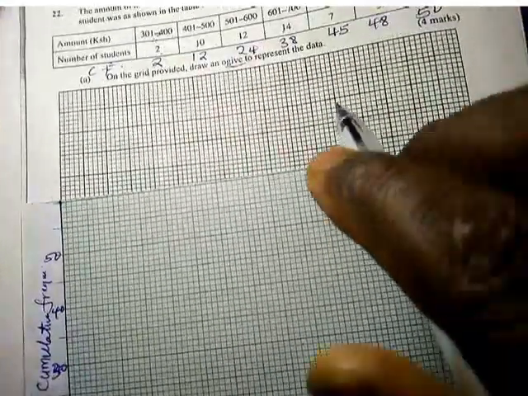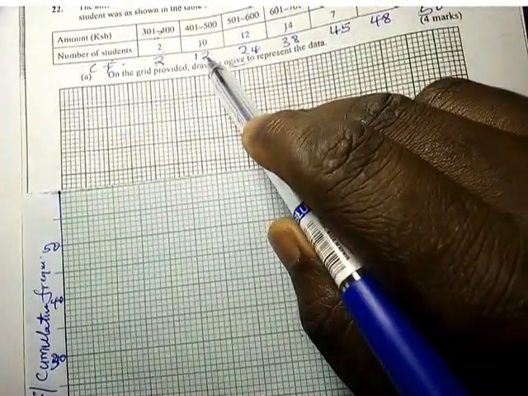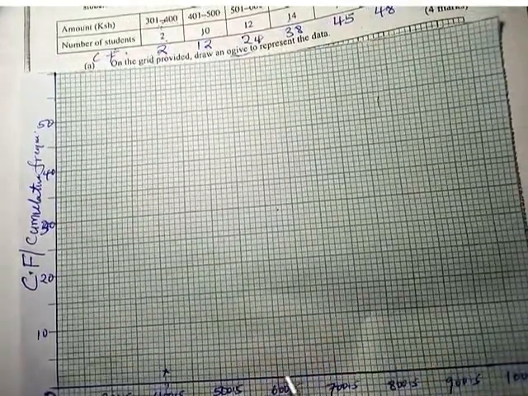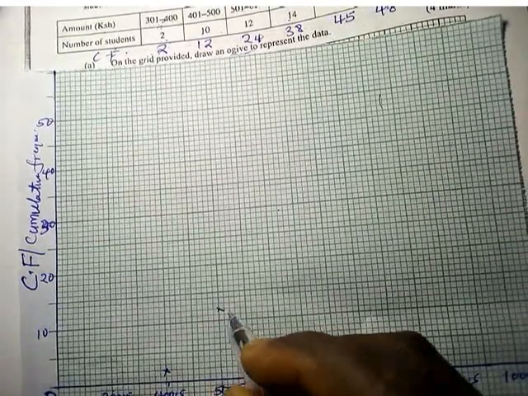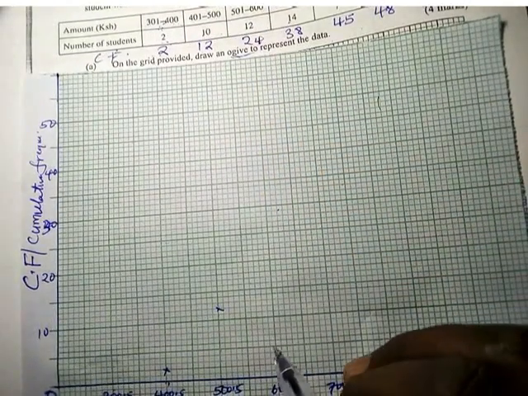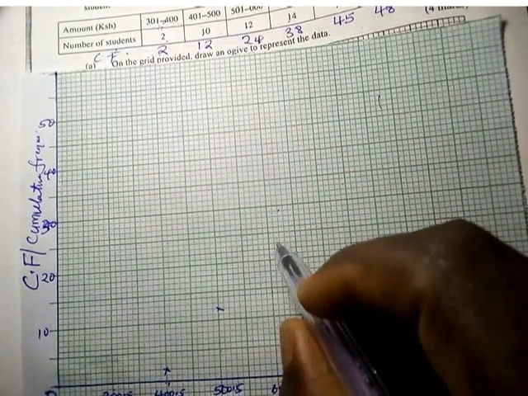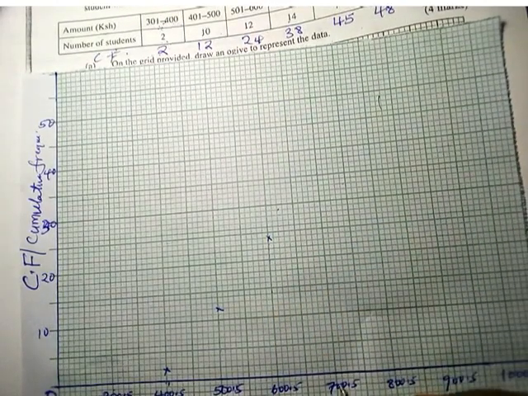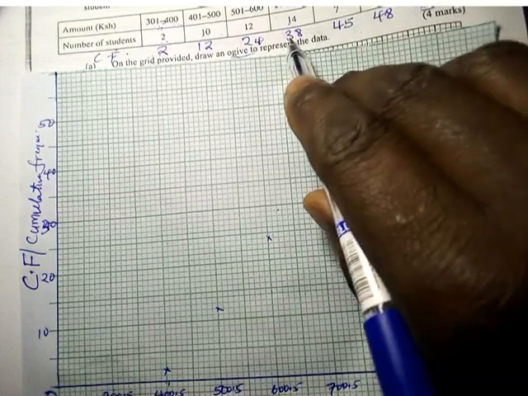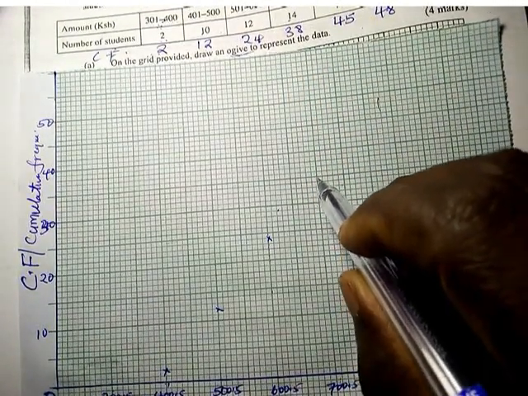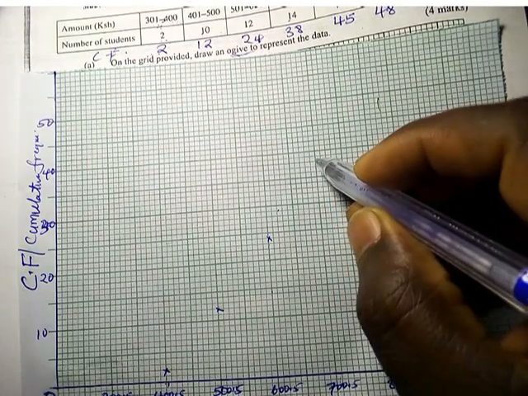And then 12, 512. This is 10, 11, 12. 600, 24, 20, 21, 22, 23, 24. 700 is 38, 30, 35, 36, 37, 38 here.